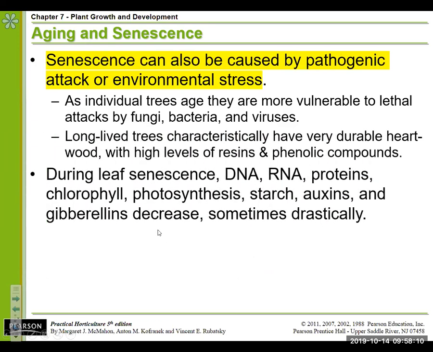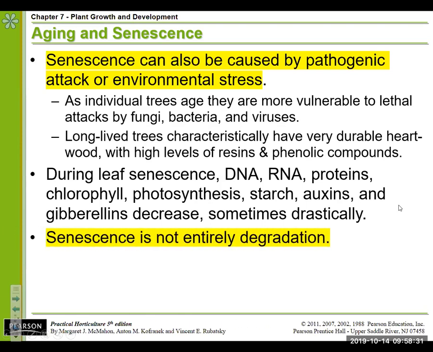And when senescence begins to occur, the actual chemicals in the plant begin to degrade. Important to note, the DNA and the RNA of the plants are sometimes the first to break apart, so the plant can no longer reproduce at that point.